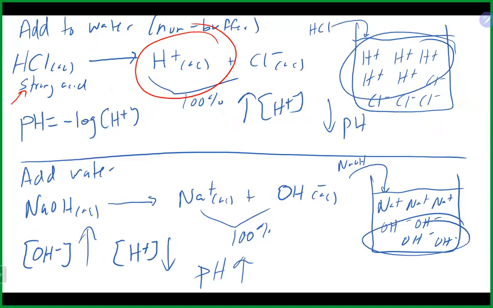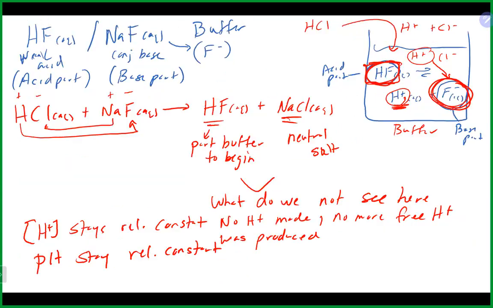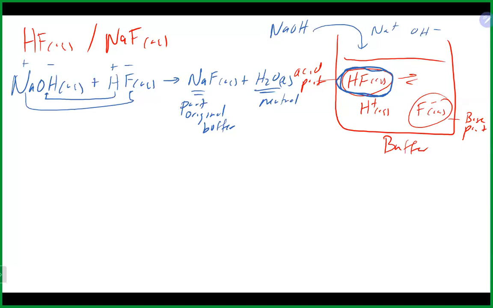And again, if we take a look back at what we did here, when we added this base to water, we produced a bunch of OH minus really, really quickly. And that's because in water, it's just going to fall apart and produce that OH minus. In this case, when we added this base to our buffer, this OH minus is going to come together here and make water.